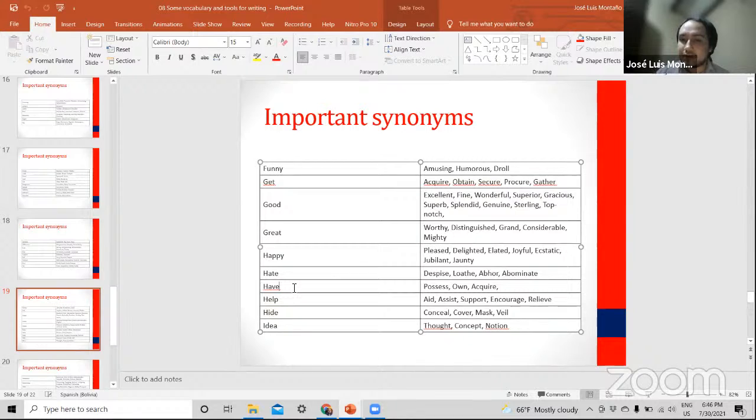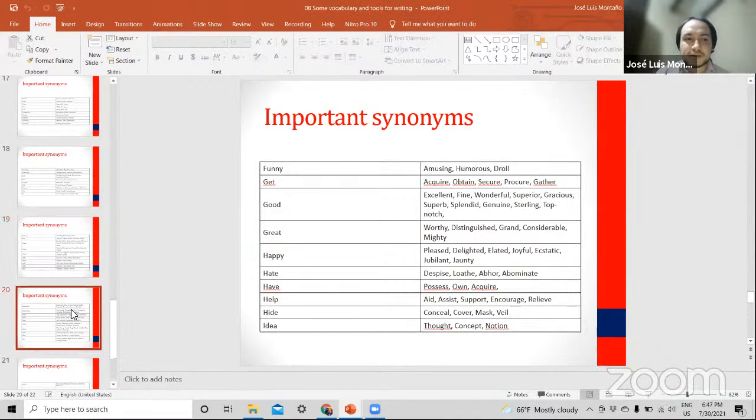And have, this is also very important: possess, own, and acquire as well as get. It's better if you use these words instead of get and have, because have and get are overly used. And idea: thought, concept, notion. That's it.